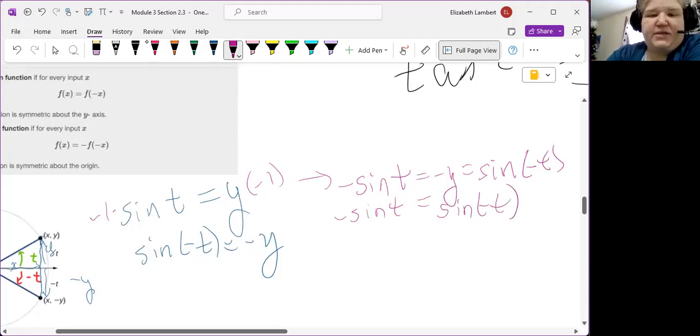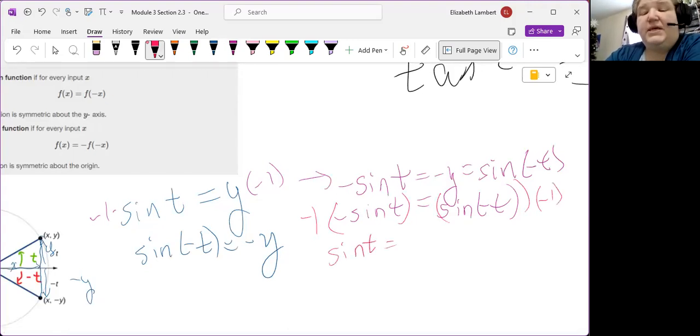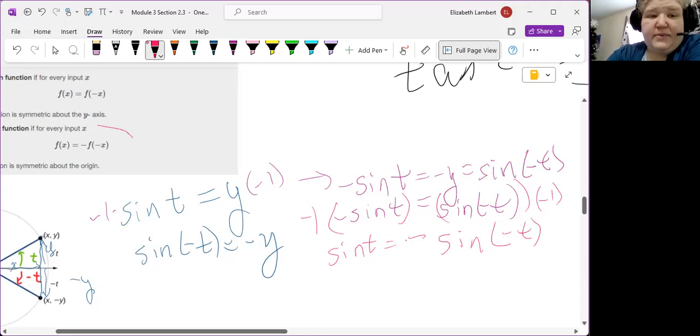And again, if I just multiply both sides by that negative 1, then I get sine of t, my original function, is equal to the negative of sine of negative t, which is our definition for odd functions there.